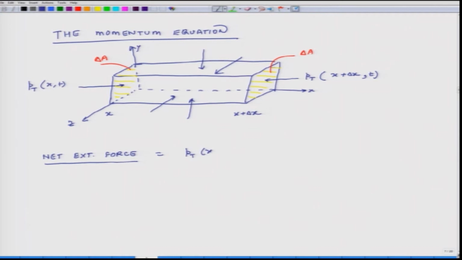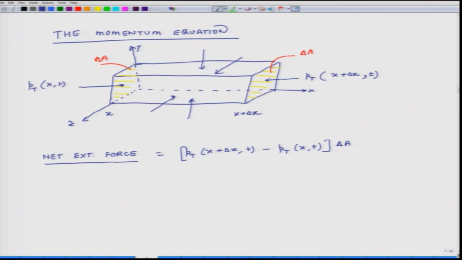P t at x plus delta x comma t, minus P t at x comma t, times delta A. That is the net external force.